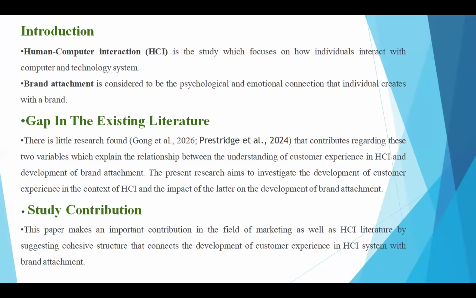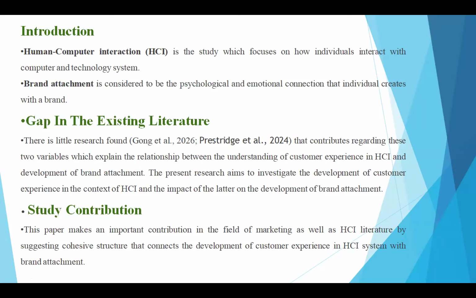HCI studies how people use technology, it observes user behavior, and it makes technology accessible. Brand attachment is considered to be the psychological and emotional connection that an individual creates with a brand. Brand attachment can be characterized as a sense of affection, connection, and passion.